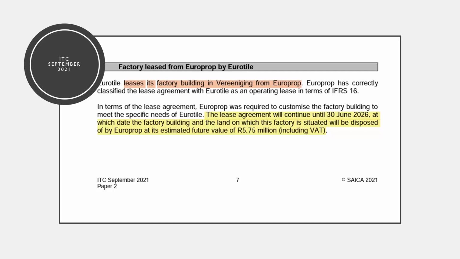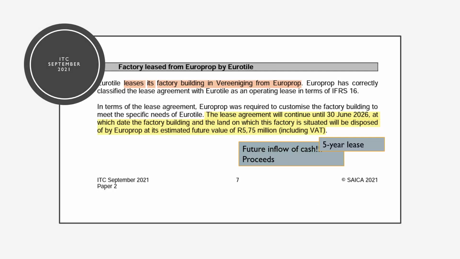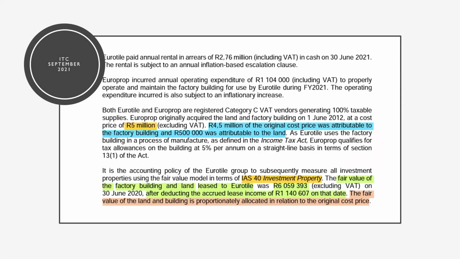So here, we need to strip out the VAT, and there'll be a future inflow of cash due to the proceeds of disposing of the factory building and the land.